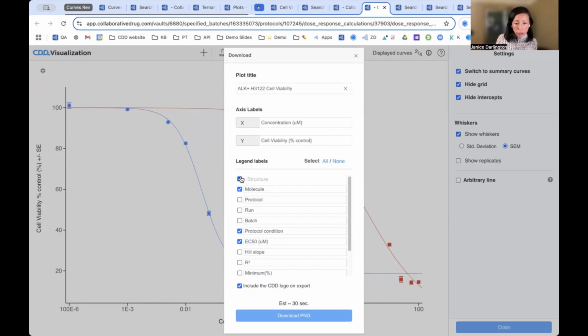I want to include the structure, the molecule. I can disregard batch, at least for right now. I've got protocol conditions, so I want to look at that cell line or not, because I already have it in the plot title, so let's ignore that. Let's bring in the R-squared value just to see how well this data was fit. And let's go ahead and download that PNG file.